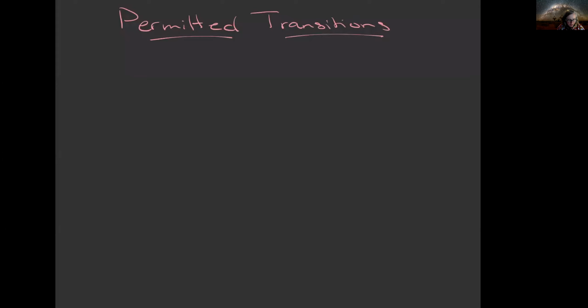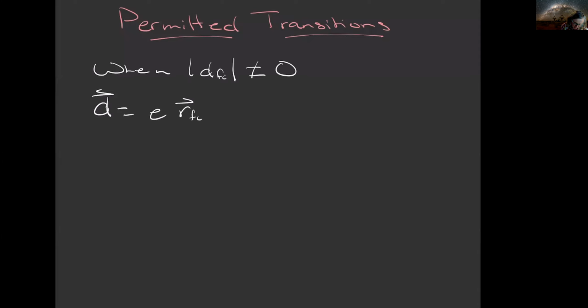Okay, so what we want to think about is that permitted transitions occur when the dipole is not equal to zero. That happens if you consider that the dipole term is equal to the electron charge times R_fi, the radius. That has to be not equal to zero for a transition to occur.